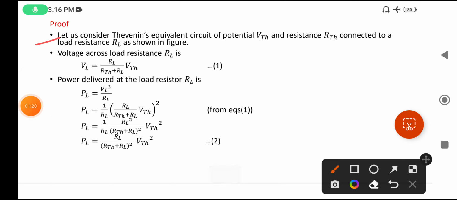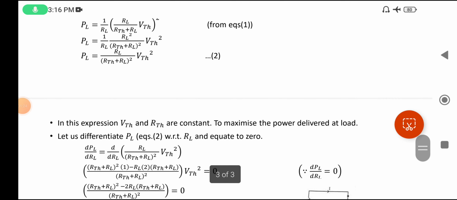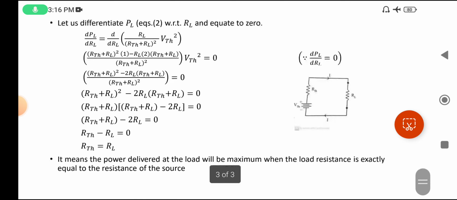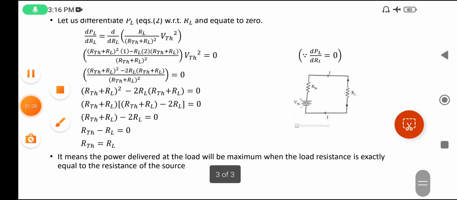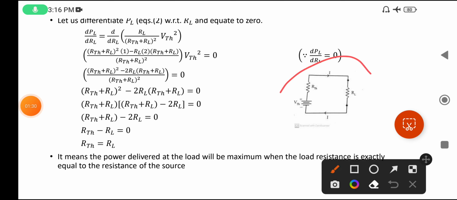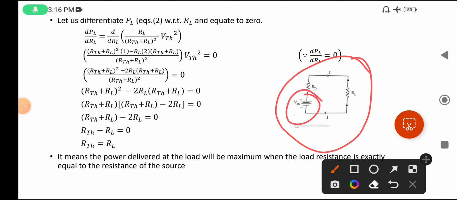Let us consider Thevenin's equivalent circuit, which is given here. The Thevenin equivalent circuit contains a voltage source, that is V Thevenin, and in series a resistance, that is the Thevenin resistance, and one more, the load resistance.